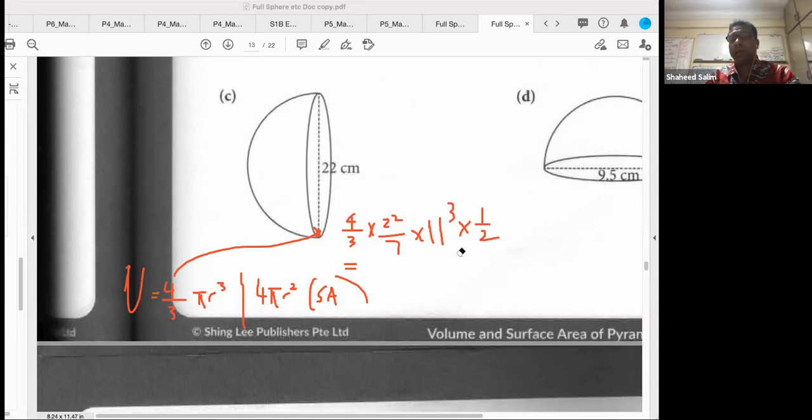Put it into your calculator and try. I got 2788. Some of you will get 2789, some will get 2790. No problem, because it really depends on the pi that we use. I got 2788 cubic cm.